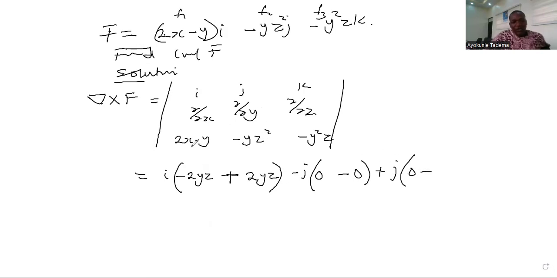Minus. Differentiate this one with respect to y, you have 1. Okay? And from here, we can see this one plus this is 0. This one is also 0. And this is positive, meaning that your answer will be k. Okay? And it's also a vector.